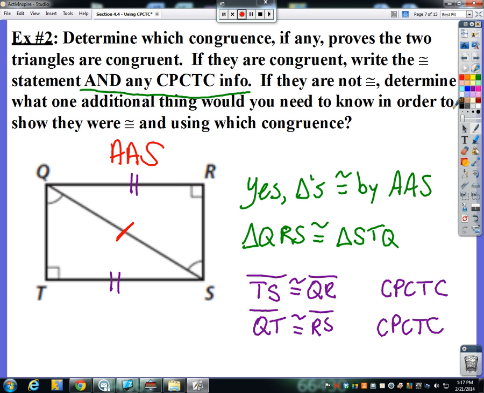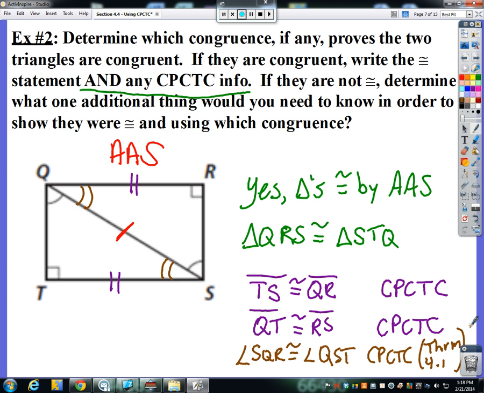Now here's one of the rare cases where technically the third CPCTC piece of information, which would be these 2 angles, you can say that angle SQR is congruent to angle QST by CPCTC, or technically, as we've already mentioned, we could use theorem 4.1 to say that they're congruent as well. So you could technically give either one of these 2 things as the reason why you know they're congruent.